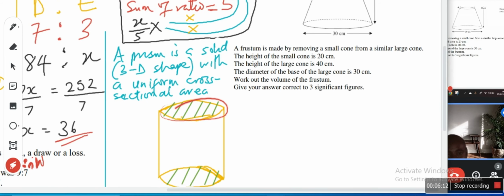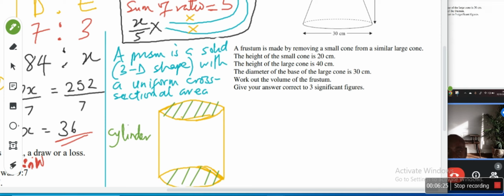Like this one is circular, so you can call it a circular prism. A circular prism is a cylinder, right? So scroll down to where we have the cylinder. Are you looking at my drawing? You can have triangular prism, rectangular prism, and so on.